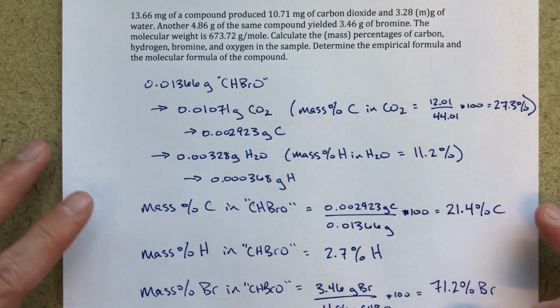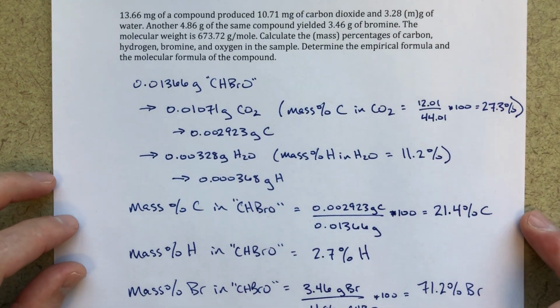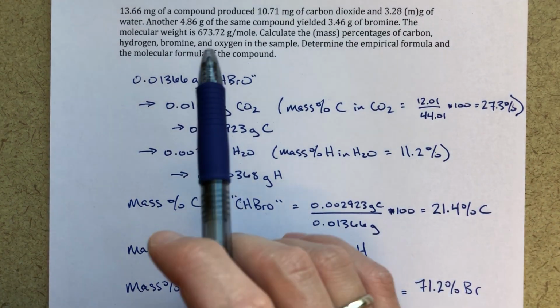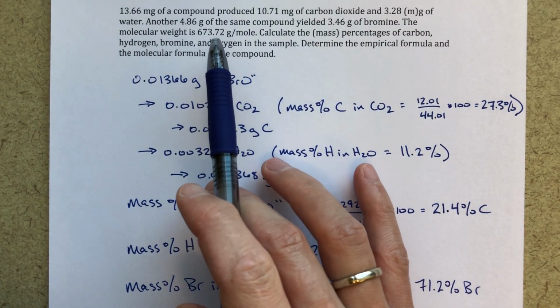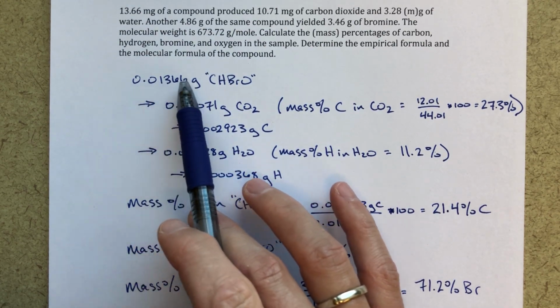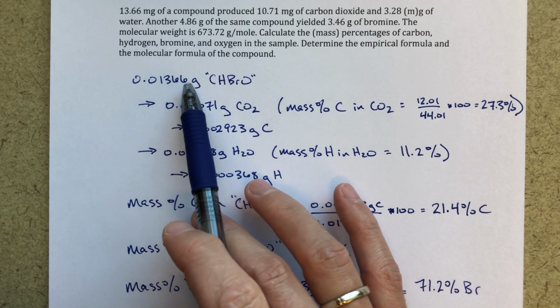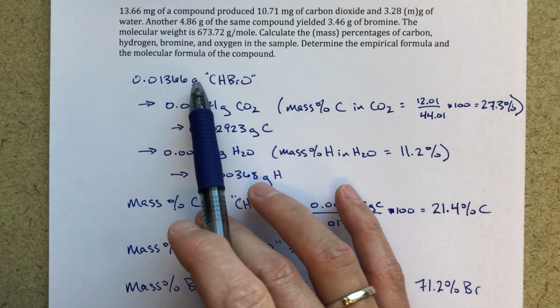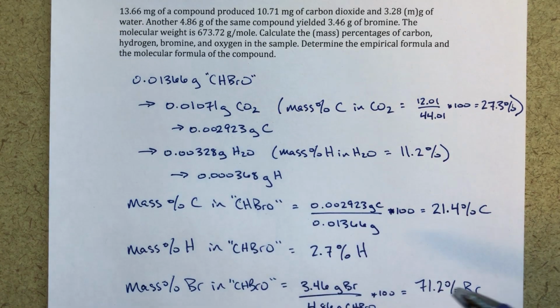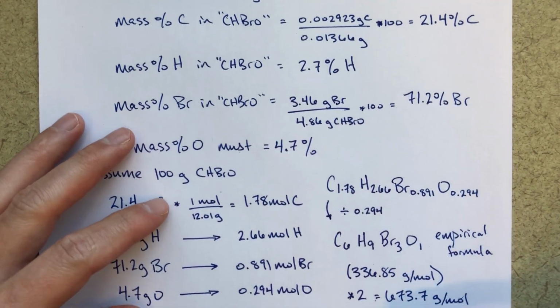so that's going to make it more difficult. Now, I did say at the beginning of the video that there's a shortcut method. The shortcut method involves taking this molecular weight and figuring out how many moles this is. So if you take this 0.01366 grams and you convert it to moles, and then you convert this number of grams into moles, then you can go directly to the molecular formula.